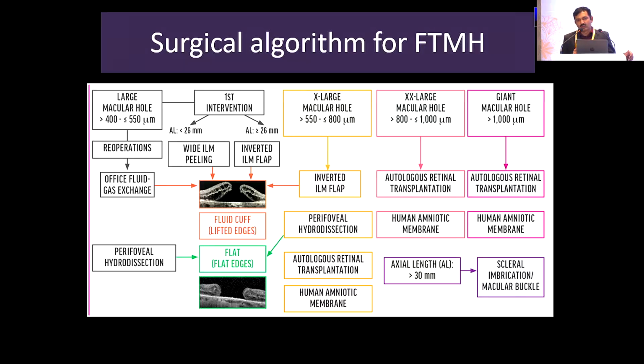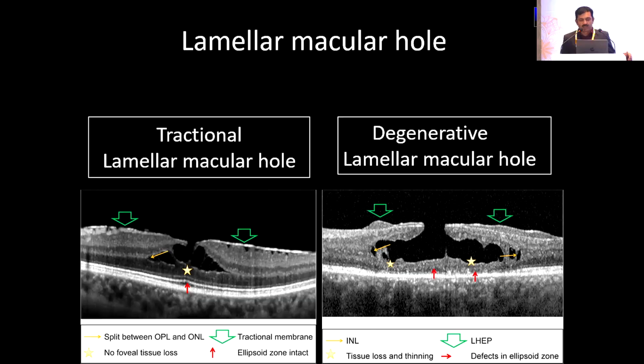If a good ILM peeling has been done, gas injection or air injection sometimes can suffice to close the holes. If it is a large hole, consider ILM flap, hydrodissection techniques, autologous retinal graft. In extreme cases, if there is a long axial length and other things, one can consider the option of scleral imbrication also.